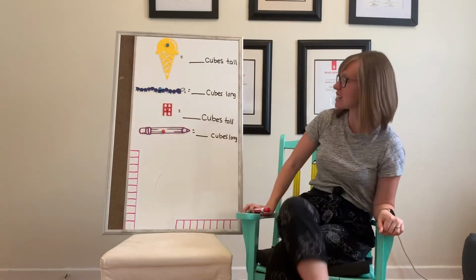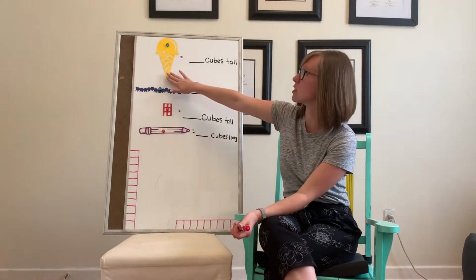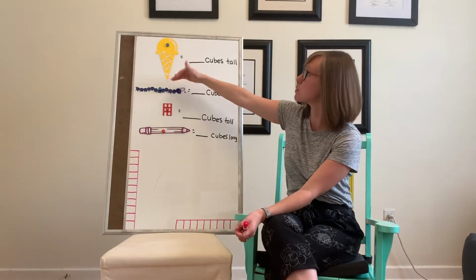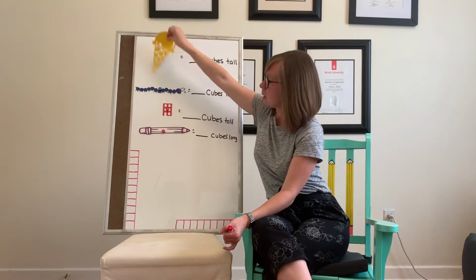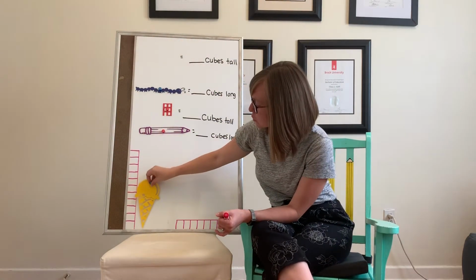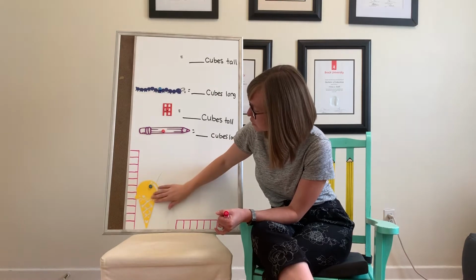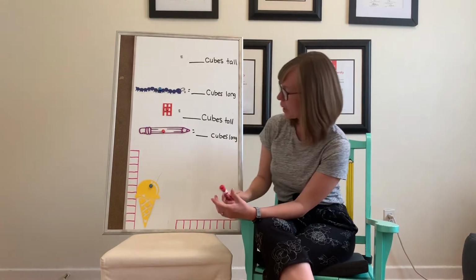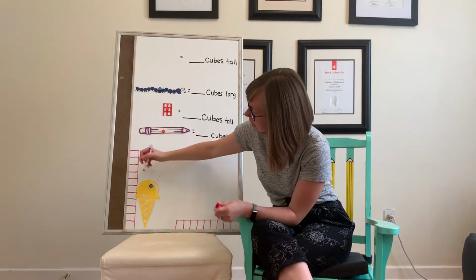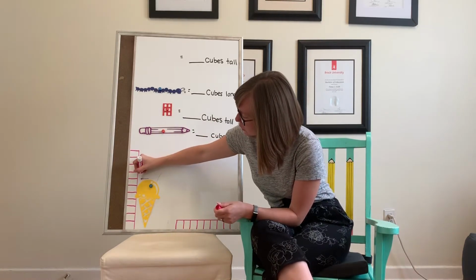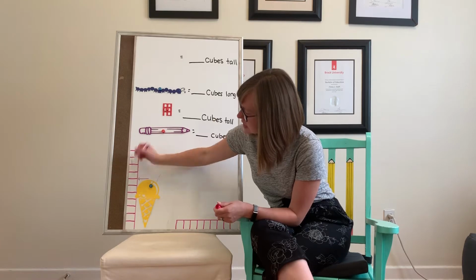All right, so let's get started here, and we are going to look at our ice cream cone. This one is standing tall, so we're going to bring it down here and see how many cubes tall this ice cream cone is. Okay, so I'm going to count them up and see. I see the top of this ice cream cone is going right here to this place.